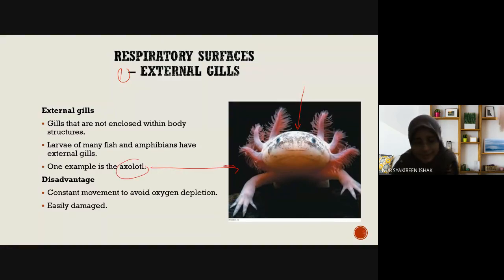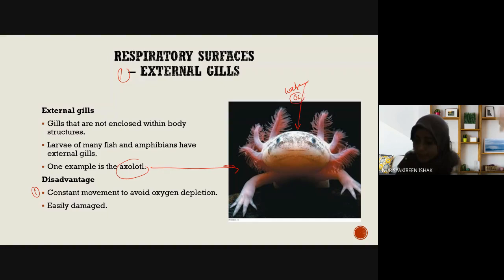And then the disadvantage of having external gills is, one, this animal has to constantly move, okay? Move to avoid oxygen depletion. So, to allow oxygen from water, the respiratory medium, to be extracted, okay? This is the surrounding water. Inside the water, you have oxygen.